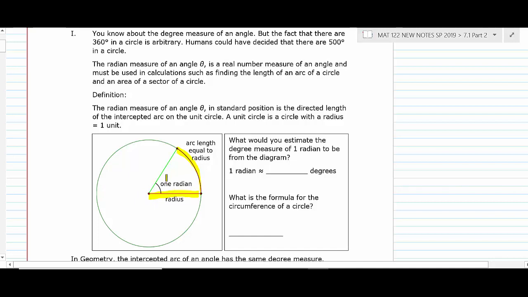With a little simple mathematics, we can derive what 1 radian is. If the arc was twice as big as the radius, it would be 2 radians, and so forth.